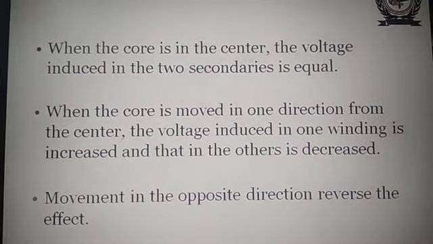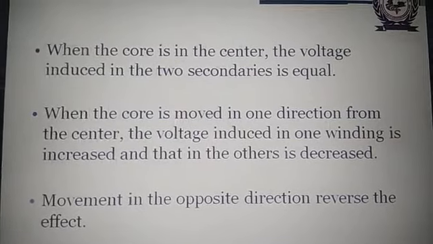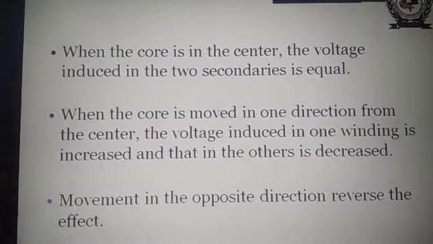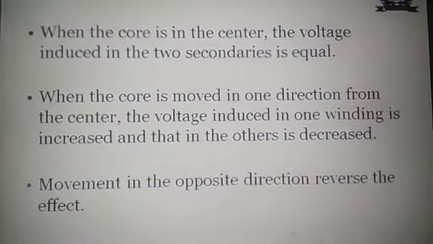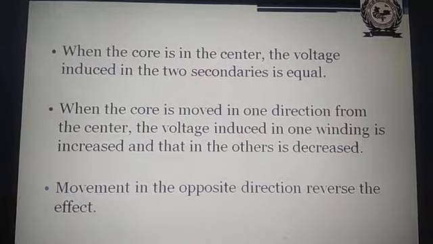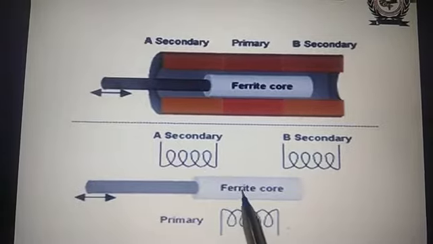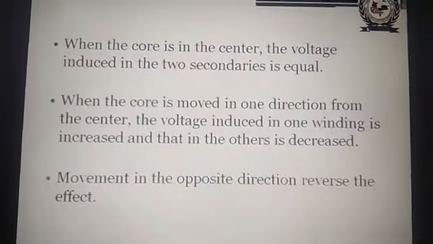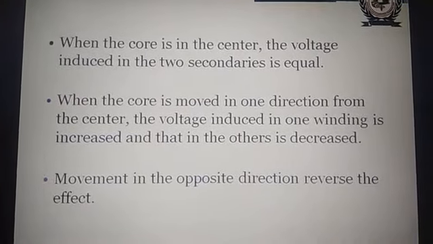When the core is in the center, as you have seen in the diagram, the voltage induced in the two secondaries is equal. You can see this diagram once again. If this core is in the center, then the two secondaries will induce equal voltages.